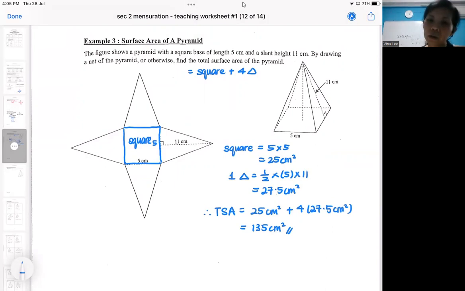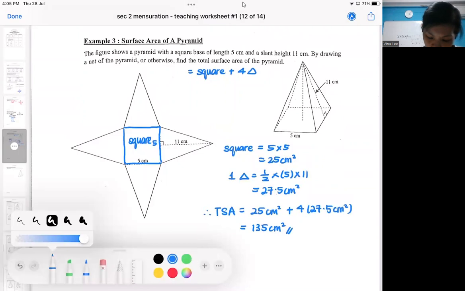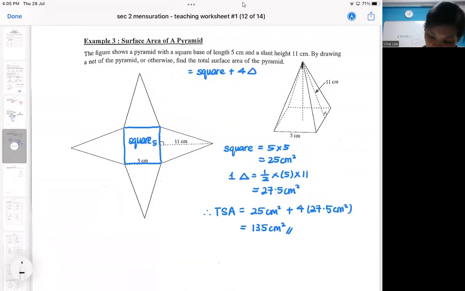So actually in this question, they could have continued to get you to find the volume. If you need to find the volume, you will need the perpendicular height, which is currently not available. But do you remember, you can actually form a Pythagoras with the slant height.